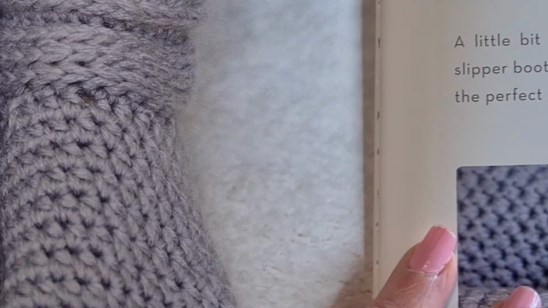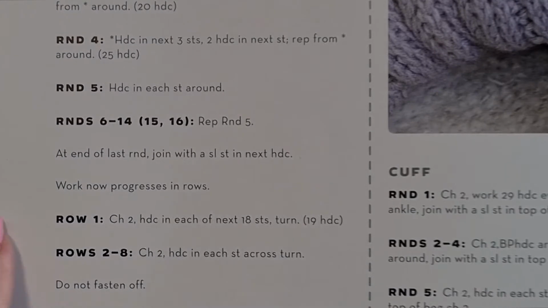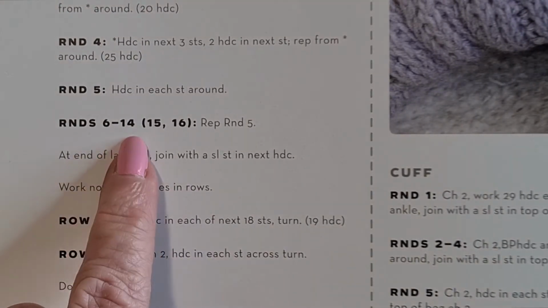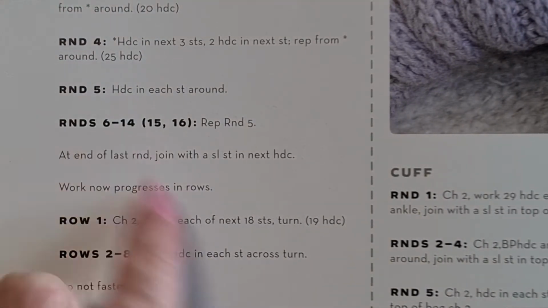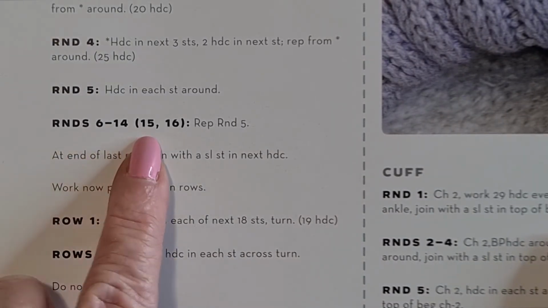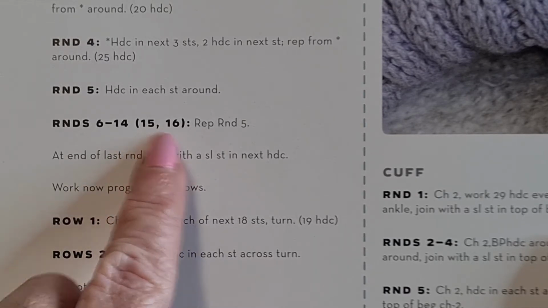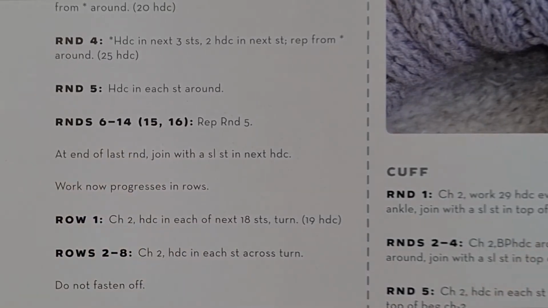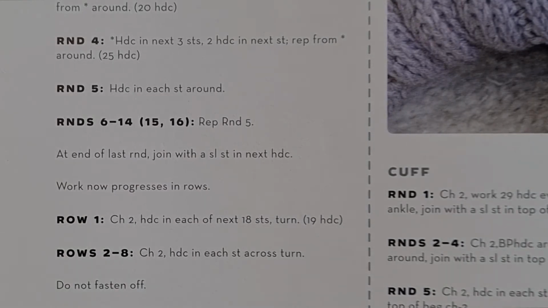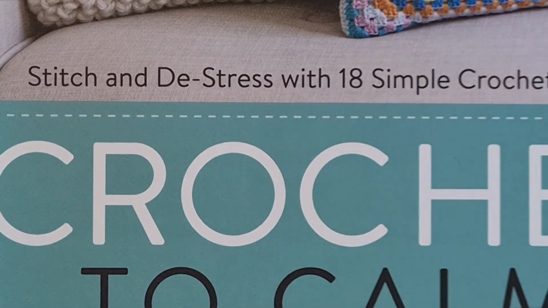So when you look at the actual pattern, it says here, rounds 6 to 14. That's for the small, because the pattern's written for the small. But then the instructions in parentheses are do a couple more rounds if you are doing for a larger foot. So that will be the case with a lot of the patterns for garments.